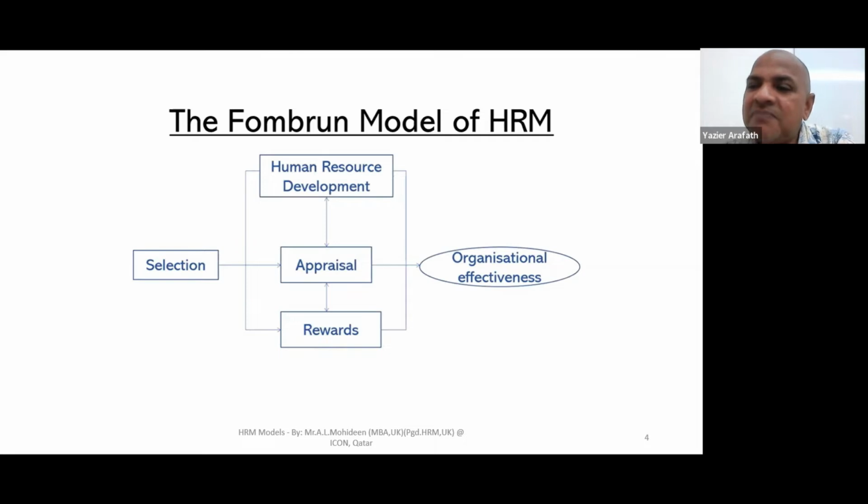How can we develop them? By appraising, so we have to do appraisal. From the appraisal we can identify who is qualified, then develop them and reward them. Based on the reward and development we provide, the employees are motivated, and from them organizations achieve organizational effectiveness. This is what the HRM model suggests.